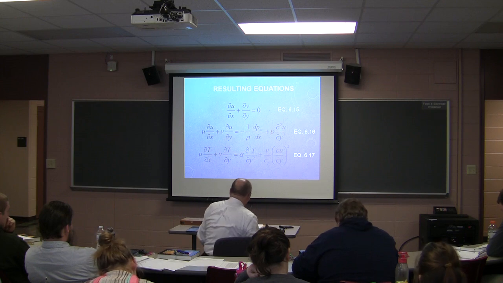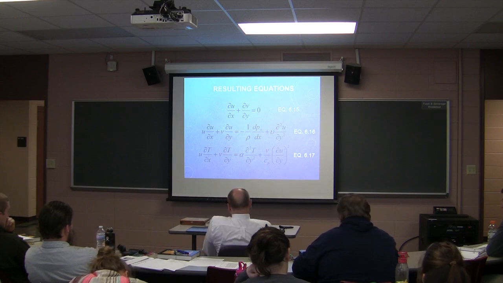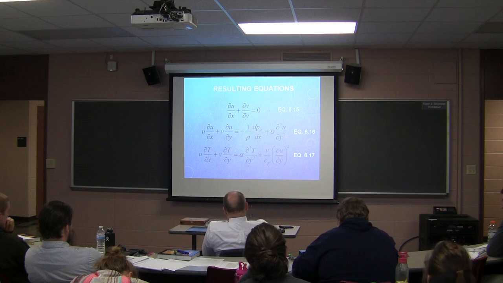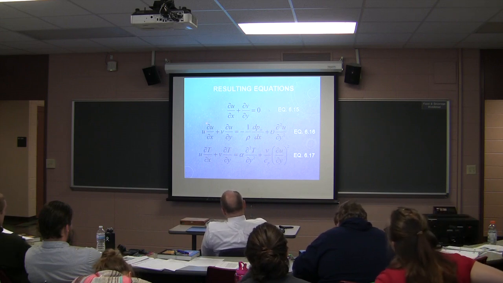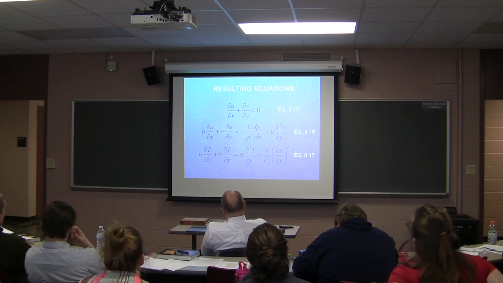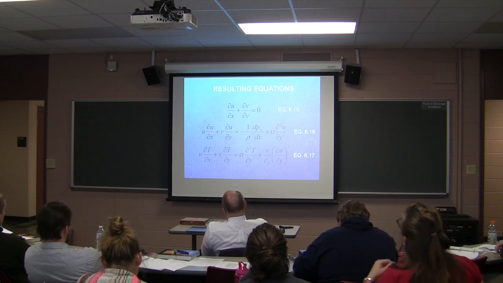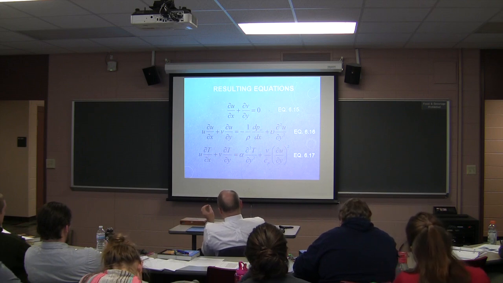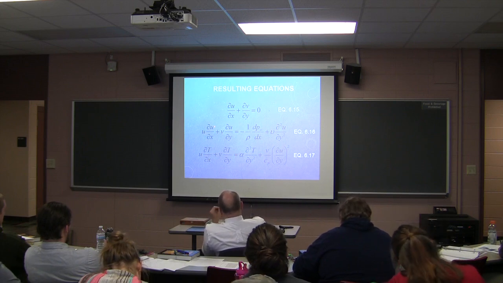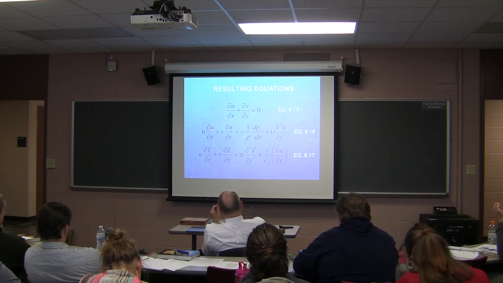And now I want to point out something as well. I'll point it out in a moment. But what do you have here? What are these 3 terms? Well, you have the change of momentum in the x direction. This is the momentum equation for the x direction. So you have the change of velocity with respect to x times velocity.